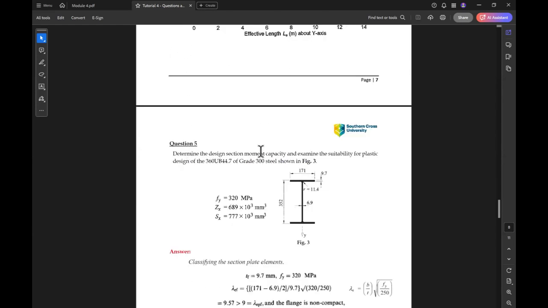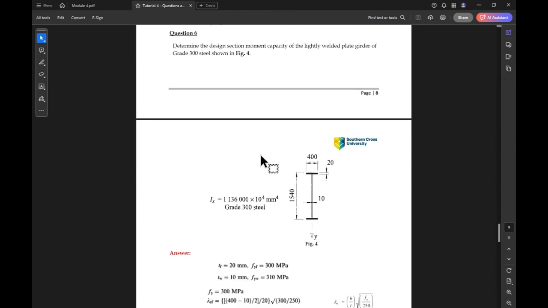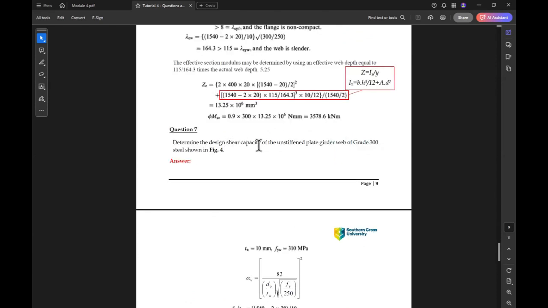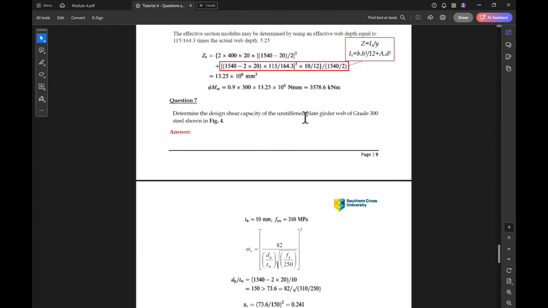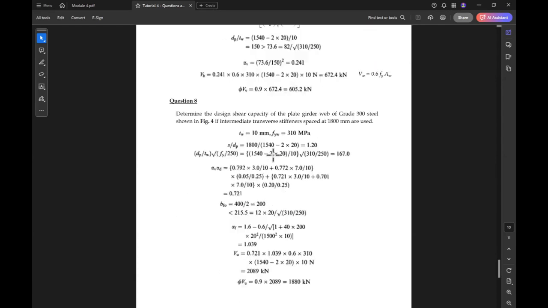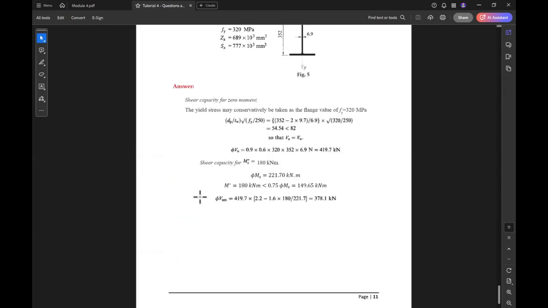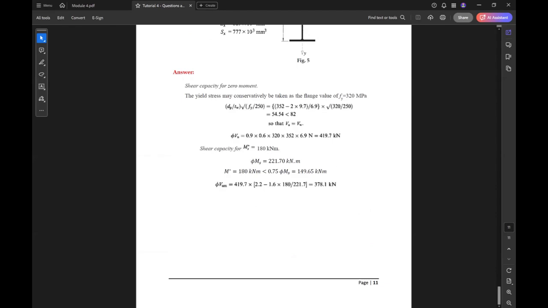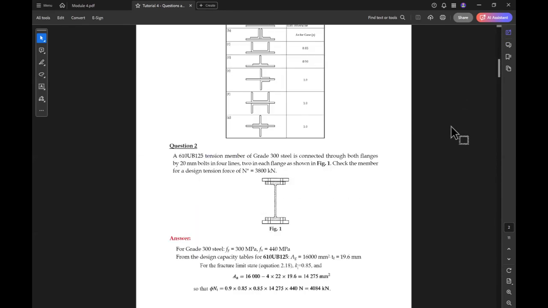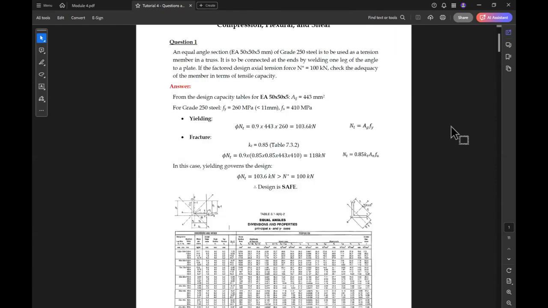Question number 5, we have a flexural member, or member subjected to bending moment. Question number 7, shear for an unstiffened web girder. Question number 8, for a stiffened member. Question number 9, also shear. So we have 9 questions, so we can have some examples to apply what we have done already. So let's start with question number 1.